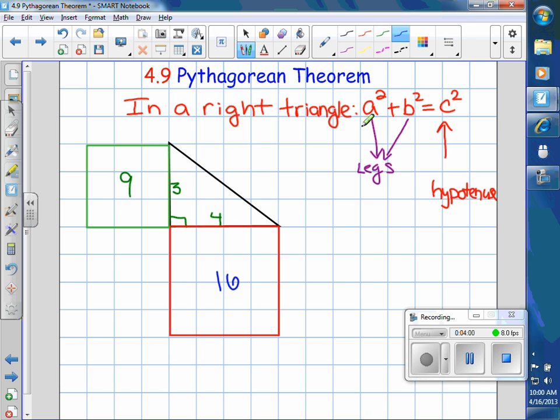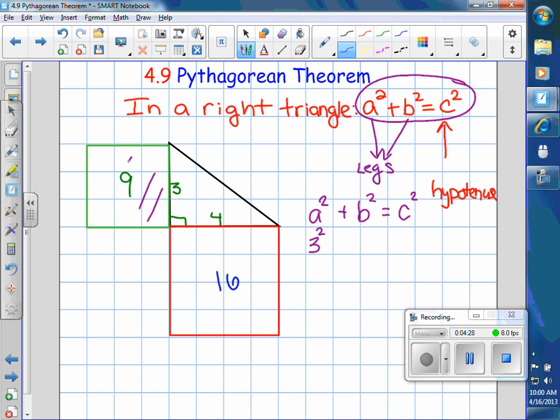Let's think about what this formula says, because not everybody's used this before. According to this formula, if you square each leg and add them together, so a squared plus b squared, remembering that the legs are the a's and b's, I would say 3 squared. So I'm really saying the area of a square that would fit on one leg, plus the area of the square that would fit on another leg, that's 4 squared.